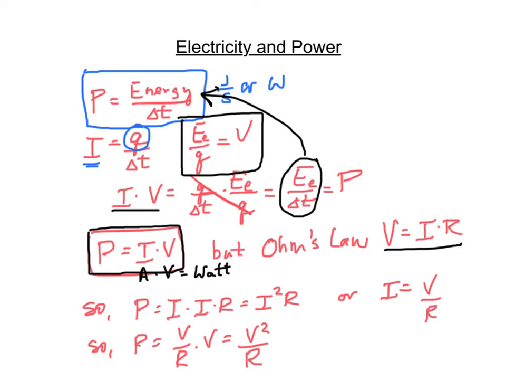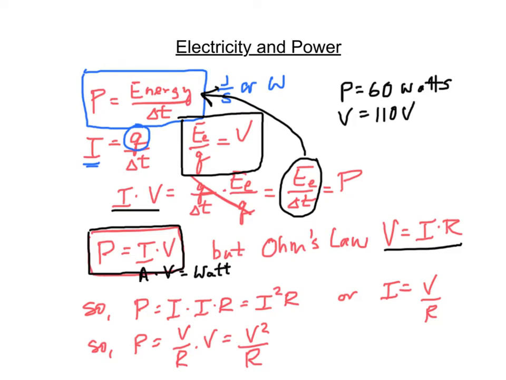Let's think about a 60-watt light bulb. We could figure out how many amps of current are in that 60-watt light bulb in your house, because the power of a 60-watt light bulb obviously is 60 watts, and the voltage in American homes is about 110, 115 volts. Let's just go with 110 volts.